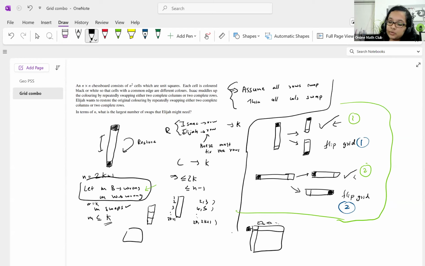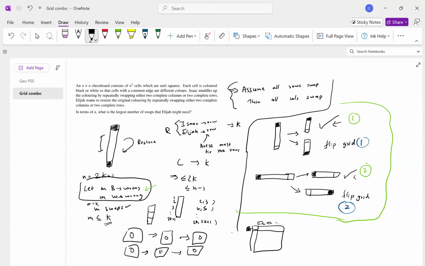It's like you have two options. You can go from original to original to original, or you can go from original to flipped to original again. And that's the only option you have because when you're doing the row swaps, all the columns are identical up to flipping because you can't swap the columns themselves.